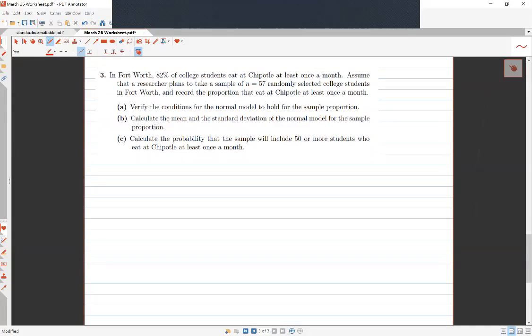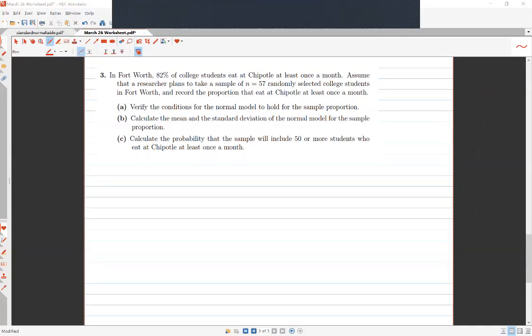Okay, example number 3. In Fort Worth, 82% of college students eat at Chipotle at least once a month. Let's assume that a researcher plans to take a sample of 57 students in Fort Worth and record the proportion that eat at Chipotle at least once a month.